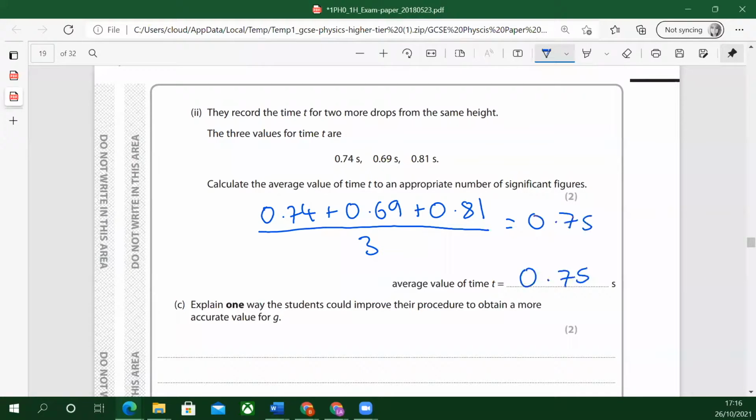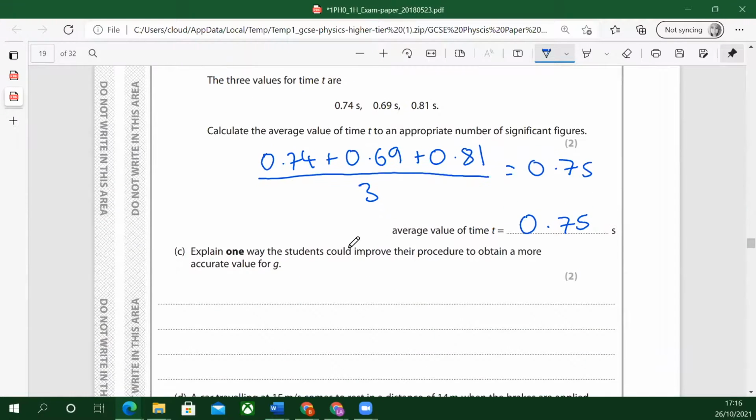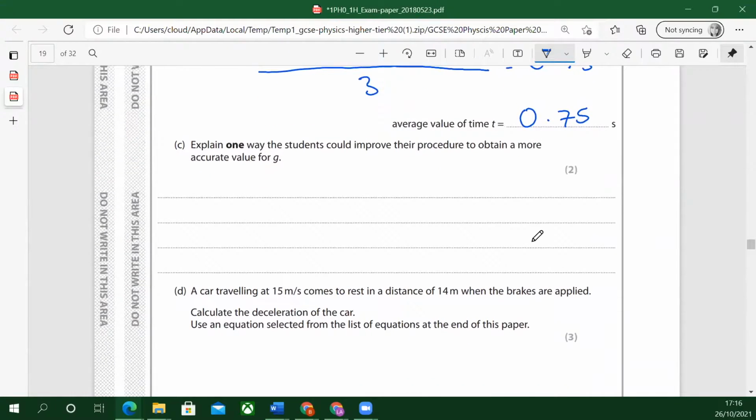Explain one way the students can improve their procedure to obtain a more accurate value of g.